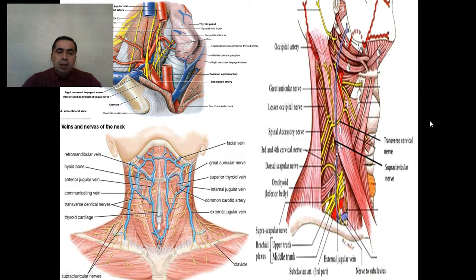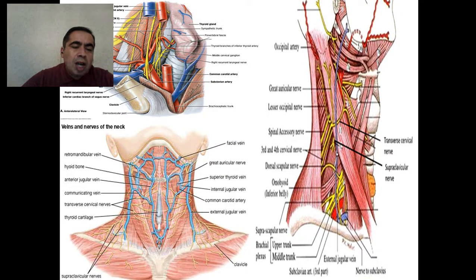And about the veins of this region, the main collector of the cervical region, of greatest importance, is the internal jugular vein. It begins from the sigmoid sinus, which is located in the groove of the same name inside of the skull.